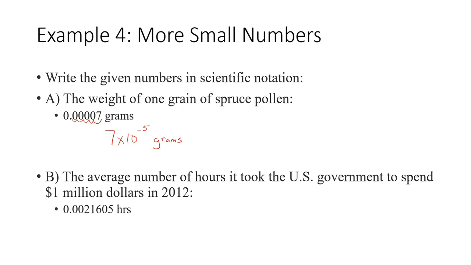We want to convert this to scientific notation. Again, we would just move this decimal place to behind the very first non-zero digit, 2.1605 times 10 to the minus 3 hours. And if we rounded to 2 decimal places, 2.16 times 10 to the minus 3 hours.